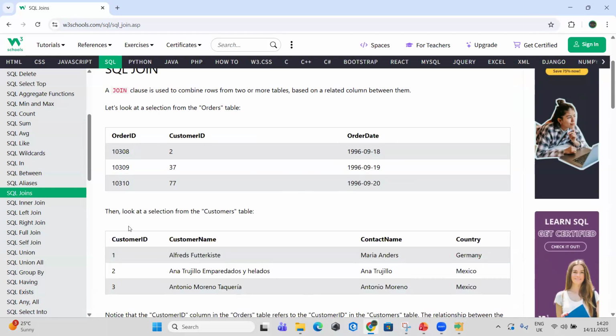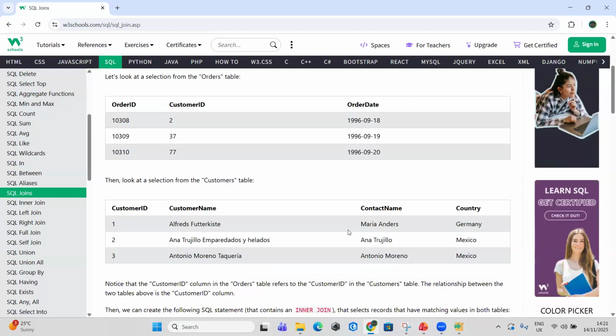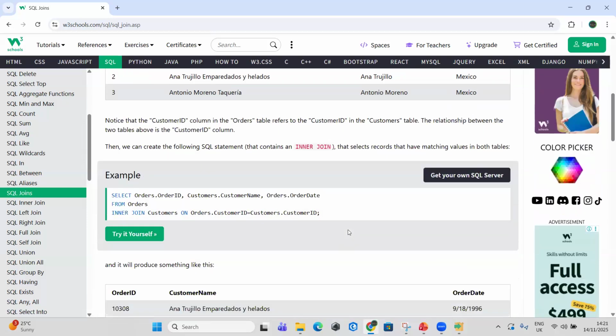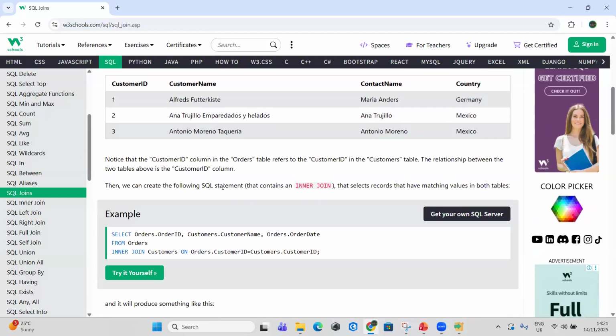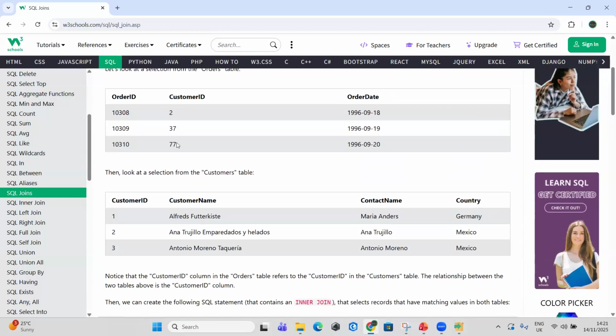There we have the common column as customer ID. Now when we combine them, we can also see other information, like which country an order ID belongs to. So it is kind of combining two tables. This always works with at least two tables.